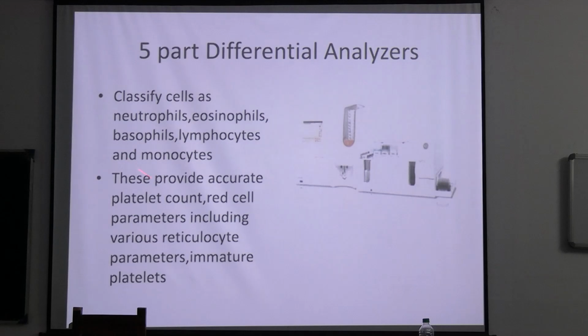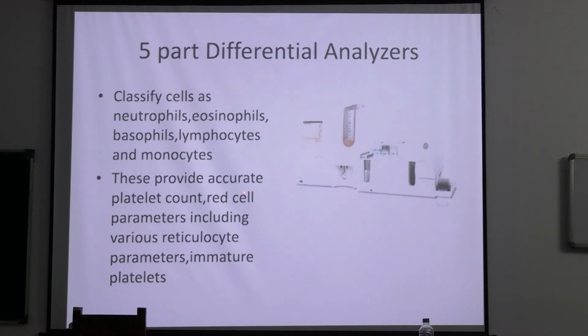This will give you the flags like platelet clumps present, immature granulocytes present, then NRBC present. You will get all these graphs there, you will get all these flags. In the printout which comes out, there is a column for RBC flag, WBC flag, platelet flag.